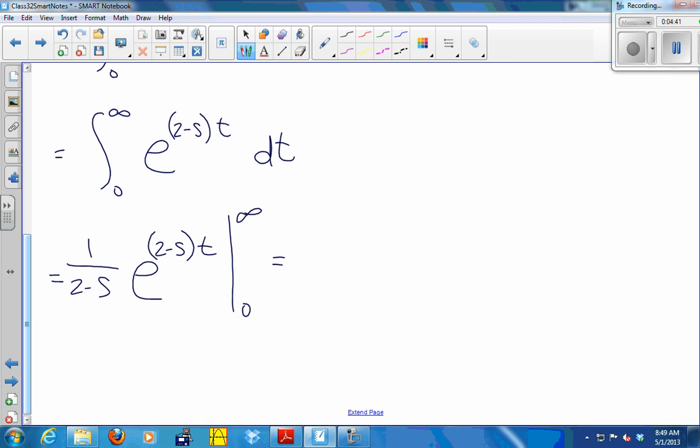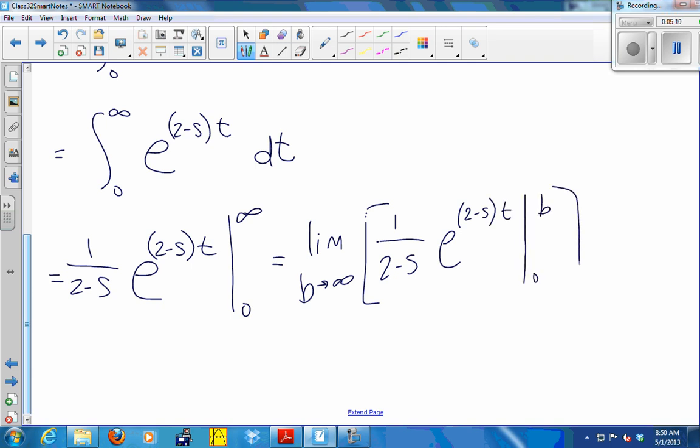And then who remembers how to take an integral from 0 to infinity? It's an improper integral. Replace with a b. So we take the limit as b goes to infinity of 1 over 2 minus s times e to the 2 minus s t evaluated from 0 to b.